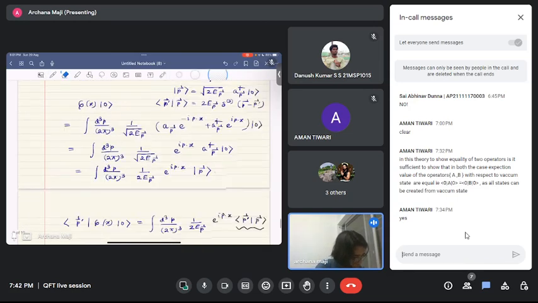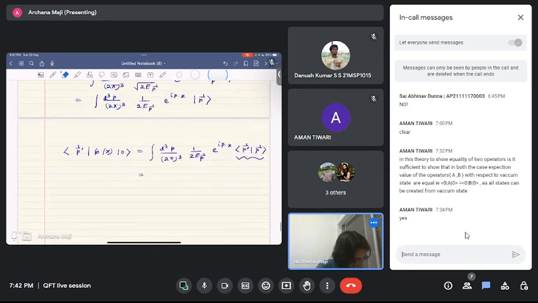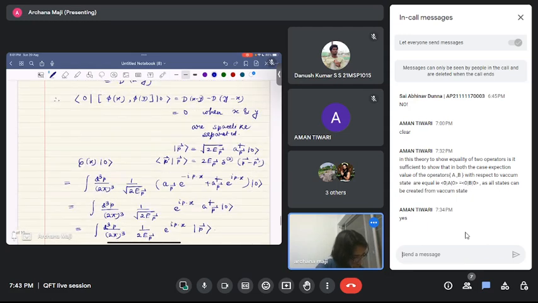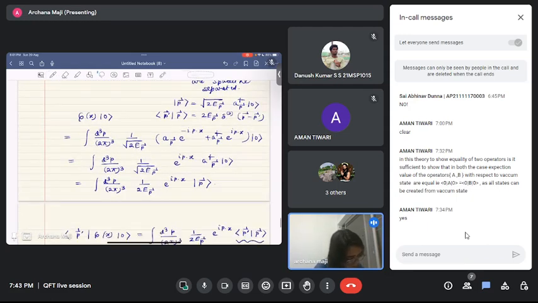So this is d^3p over (2π)^3. There will be a (2π)^3 as well, coming from the commutation between a_p and a dagger_p.